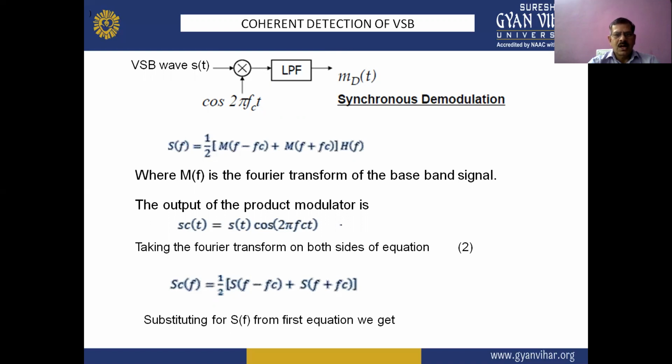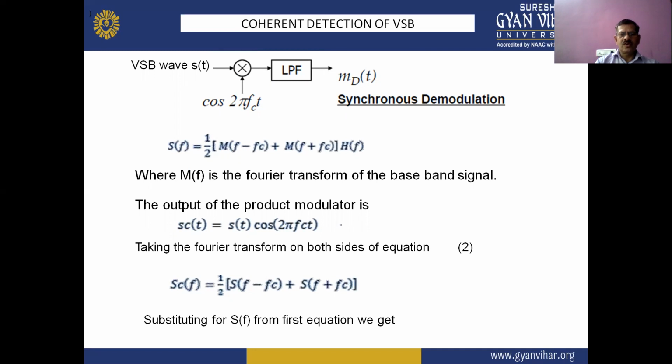The output of the product modulator is equal to s(t) cos 2 pi fct. Taking the Fourier transform on both sides of this equation, this will be equal to 1/2 [S(f - fc) + S(f + fc)].